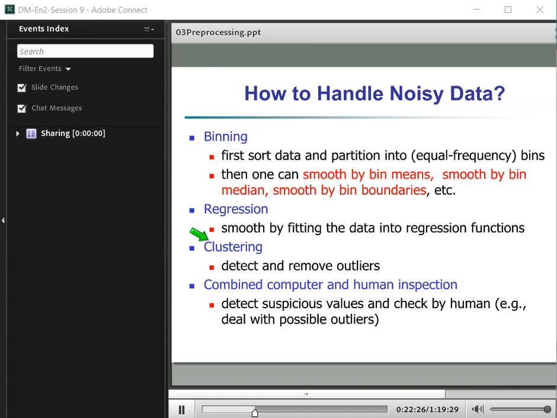The third approach is using clustering. Clustering means that I am trying to put data in a data set into different classes, different clusters, different groups.